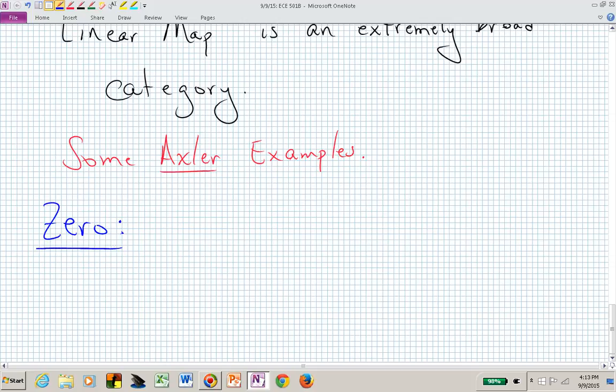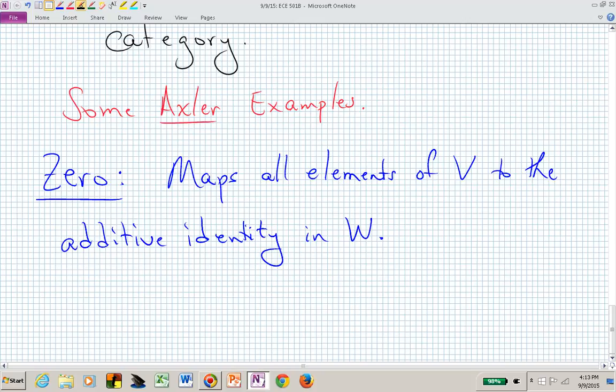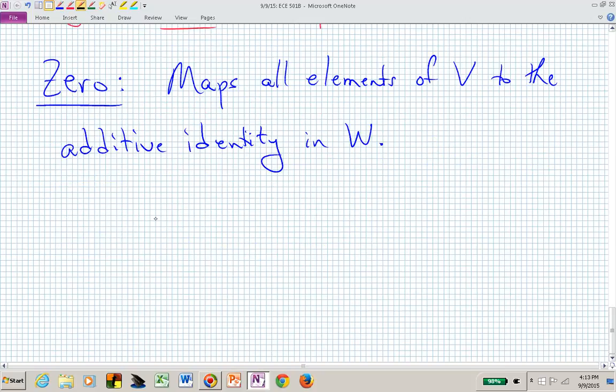We could have a zero map, which simply maps all elements of our input vector space V to the additive identity in W. It may get a little bit confusing as to what we're writing, but this is a way of describing that with an equation.